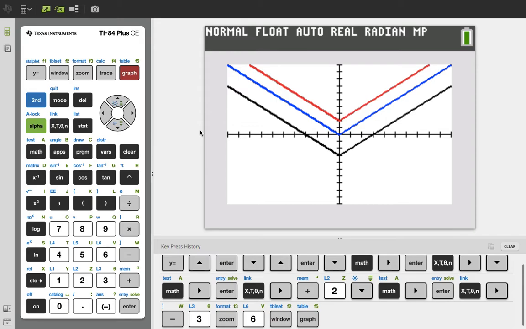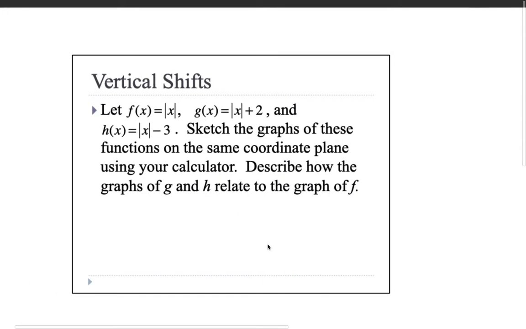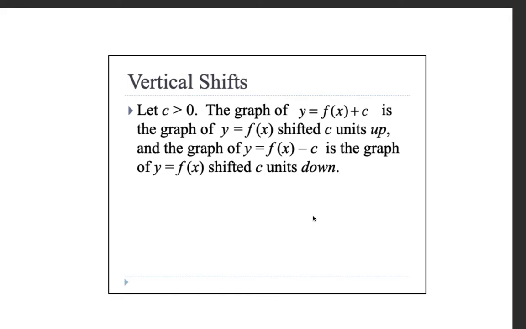So it looks like what's happening here, when we add something to a function outside of the function, and what I mean by outside of the function is here we have the function, and then outside of that we're adding c. If c is positive, then we're going to be shifted c units up. The original graph's just going to be moved up c units.